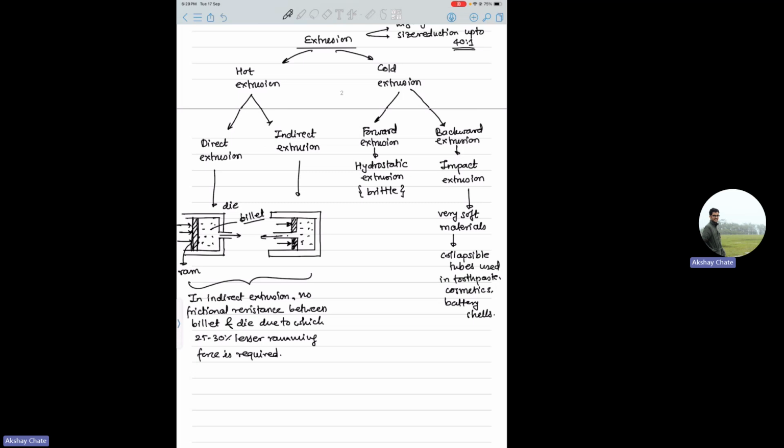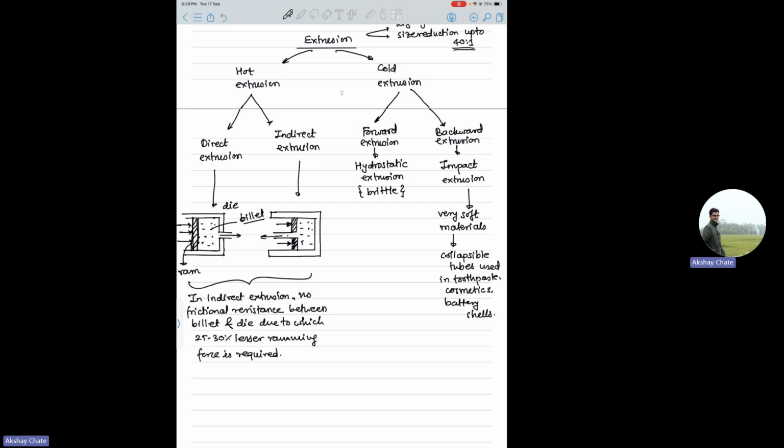Impact extrusion is nothing new. Basically you fill the die with the metal vertically, and then you drop the ram or punch from high altitude, so that the potential energy, when it impacts on the billet, is converted into kinetic energy, which is converted into strain energy, and that will cause the deformation.